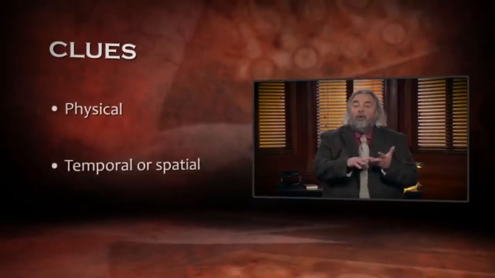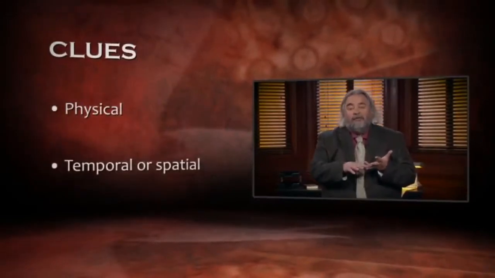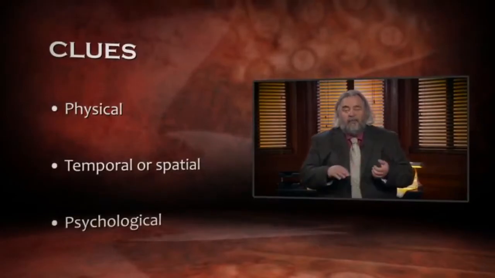In this lecture, we'll take a look at how clues have played a major role in developing some of the key definitional features of the mystery and suspense fiction genre. Over the course of the genre's history, clues take many different forms, depending upon the kind of mystery fiction we're reading. Sometimes they're physical, sometimes temporal or spatial, and at other times psychological.